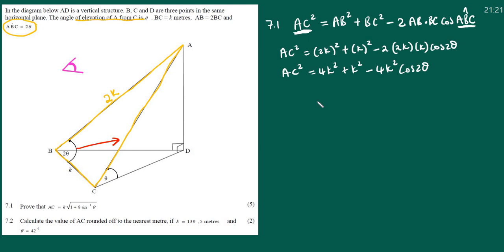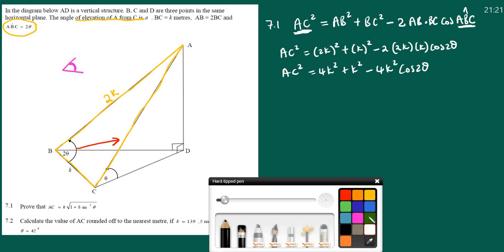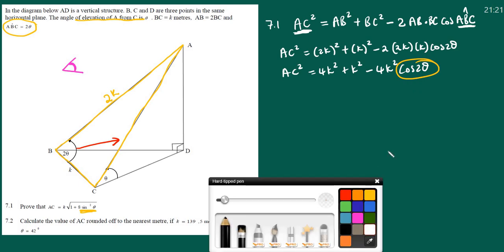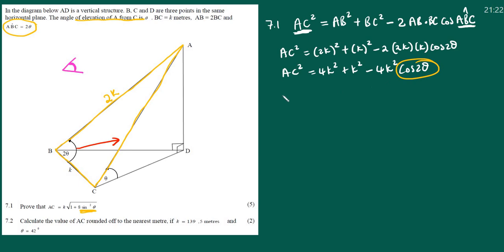Now this is where you go to the question, and the question has a bit of sine there. It tells you that this cos 2 theta, since it's a double angle, you need to change it to the one with sine. So 4k squared plus k squared minus 4k squared, times cos 2 theta, which will be 1 minus 2 sine squared theta.